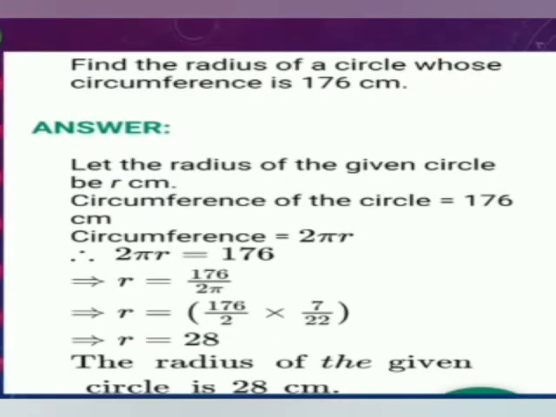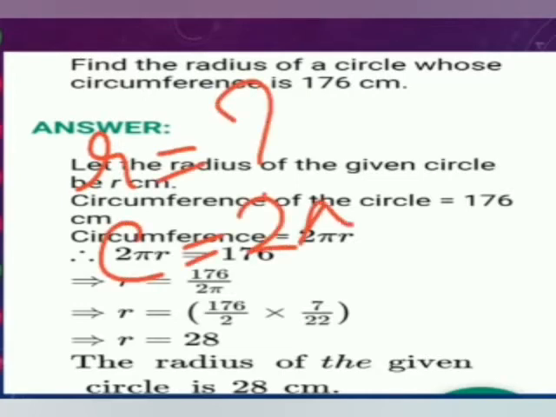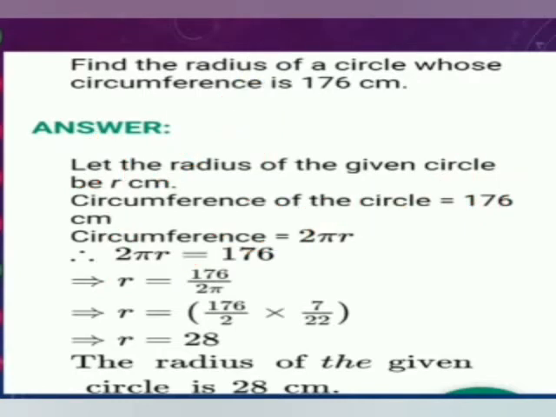Now the next question is, find the radius of a circle whose circumference is given to you as 176. In this you have to calculate the radius. The circumference, meaning 2πr, is given to you as 176. So let's solve it. 2πr will be equal to the circumference, 176.